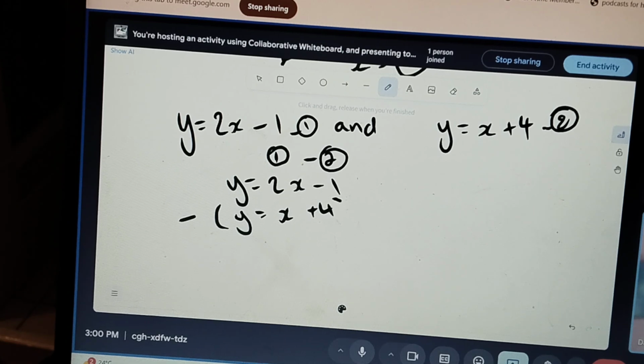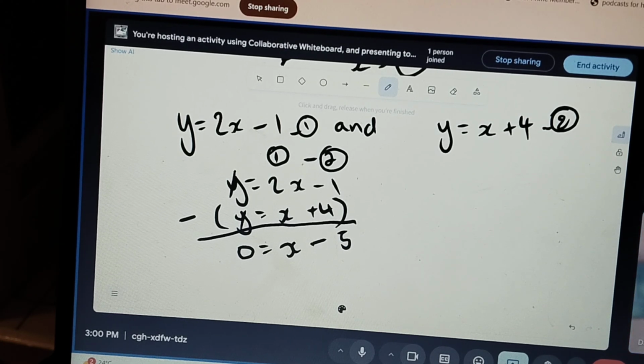I'm subtracting the whole of equation 2 from equation 1. y minus y is 0 because they both have the same value. So I get 0 equals 2x minus x, which is just x, minus 1 minus 4. I started at minus 1 and I'm going even further minus, which will be minus 5, right?